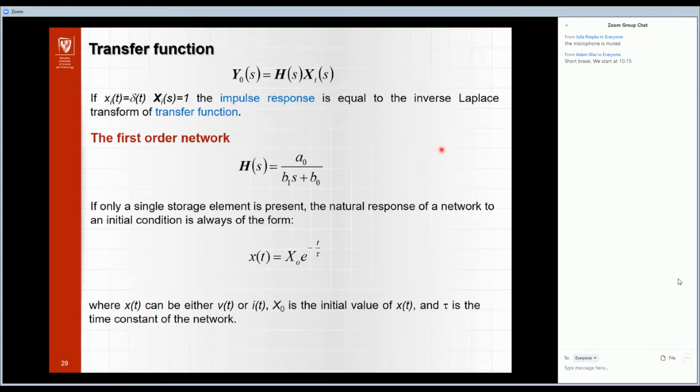If only a single storage element is present, meaning a capacitor or inductor, the natural response of the network for initial conditions is always of this form. So this is the solution. We have some constants here, and here we have the tau, which is the time constant of the network. And this coefficient is connected with the initial value of f(t).